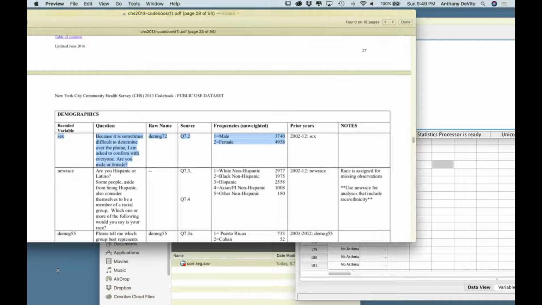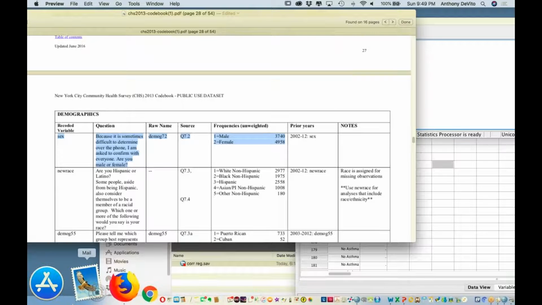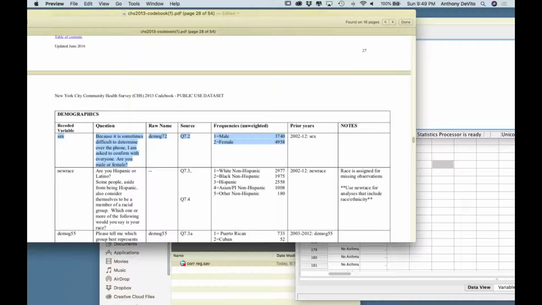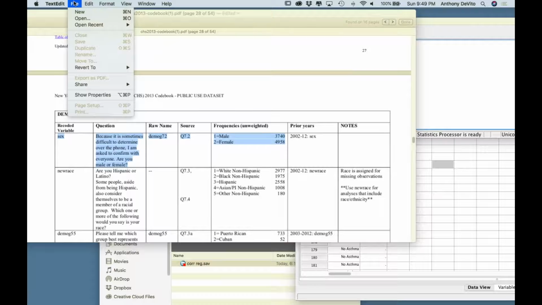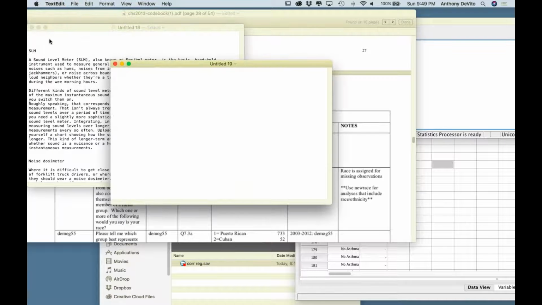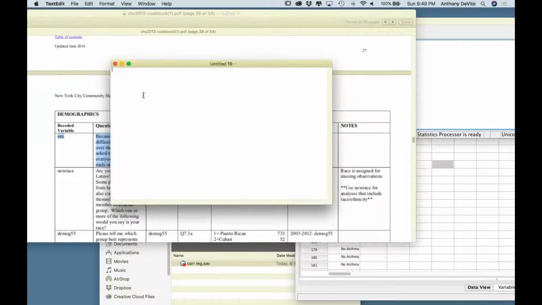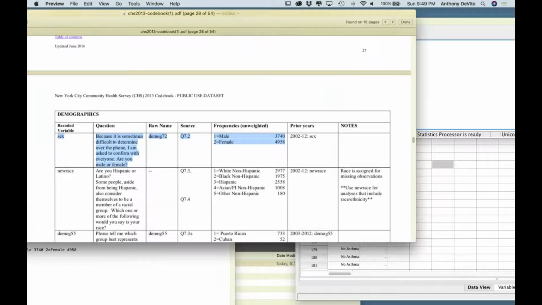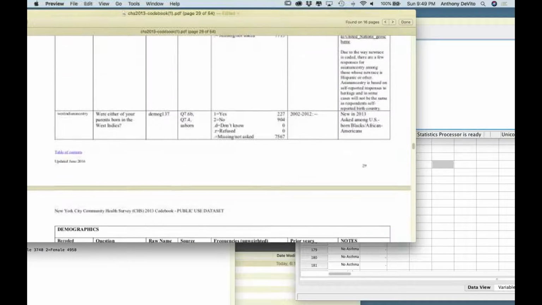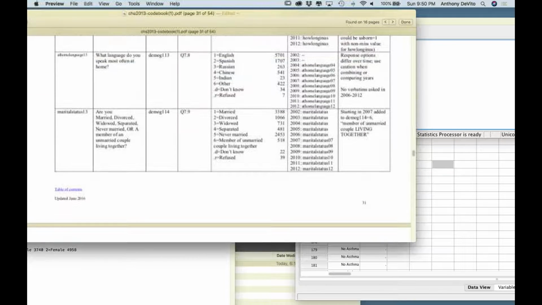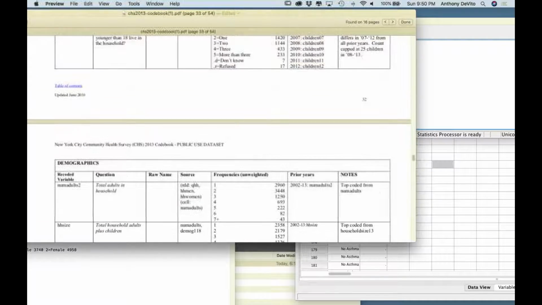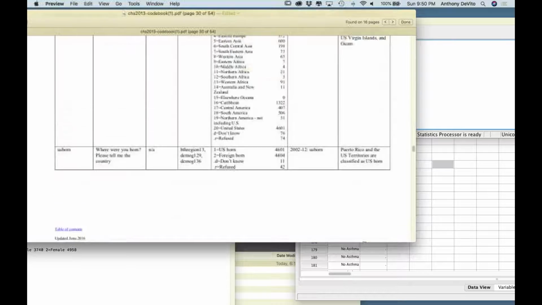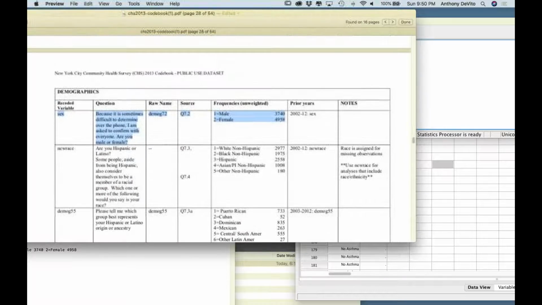I guess it won't let me copy this. And sex. Let me find something numerical here. I think it could be in demographics. Let's go back here, there's a lot of age stuff here.